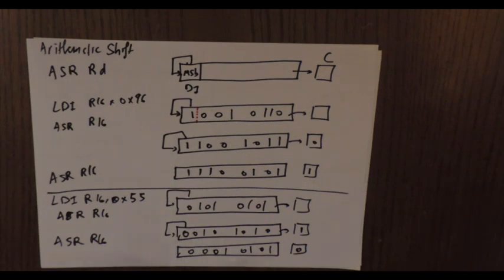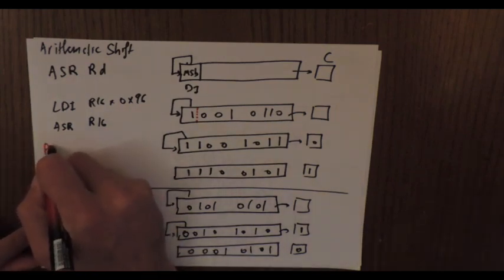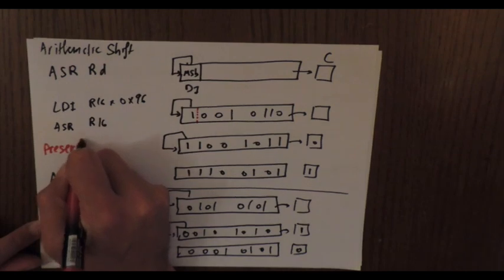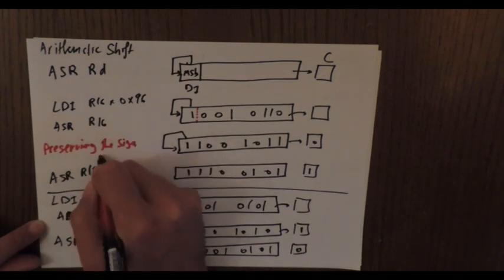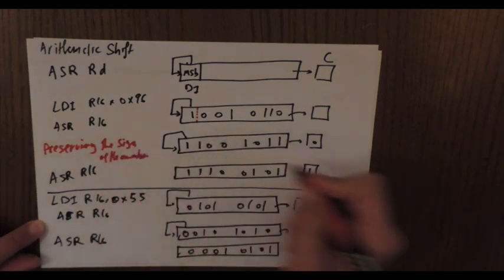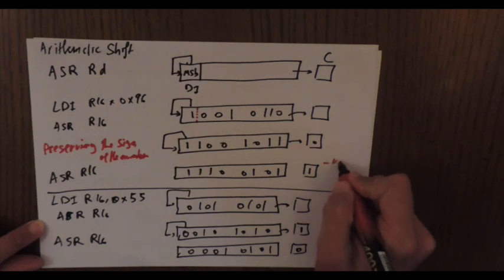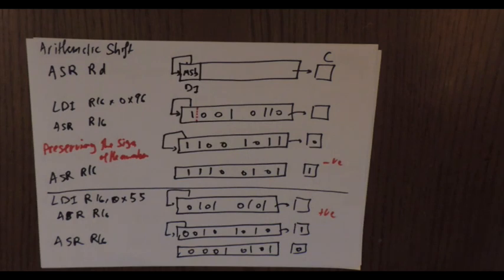The reason behind using ASR is to preserve the sign of the number. So if it's negative, it will continue being negative, because the most significant bit is 1. And if it's positive, it will not be distorted and turned negative.